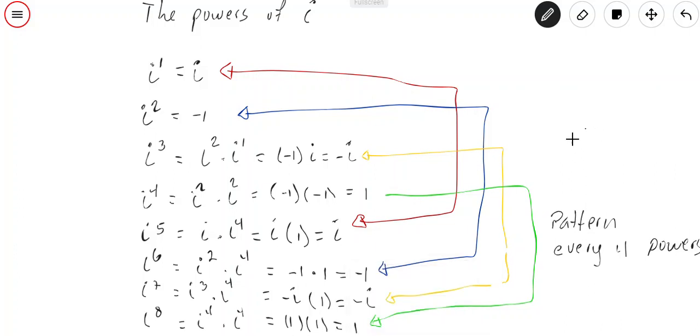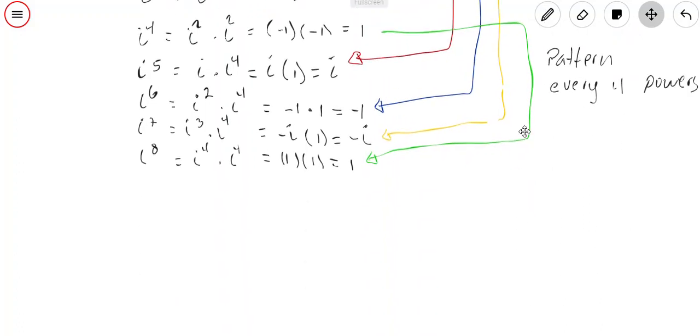So that's why when I want to evaluate powers of i where the exponent is a very high number, what I have to do is divide that exponent by 4, because it's a pattern that is repeating every 4 powers. So for example, suppose that I ask you to evaluate i to the power of 123.